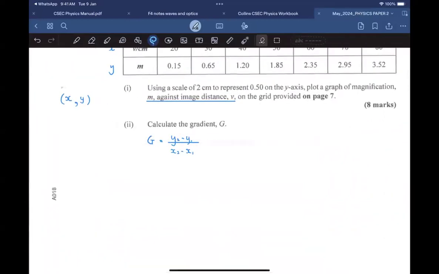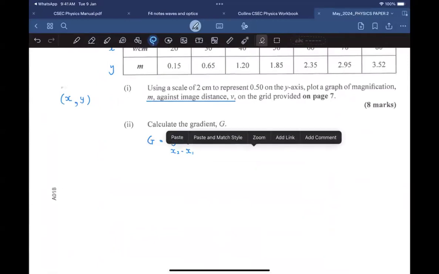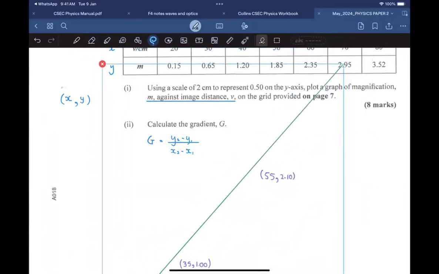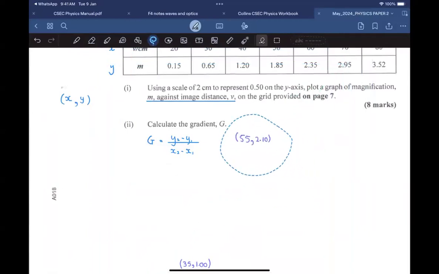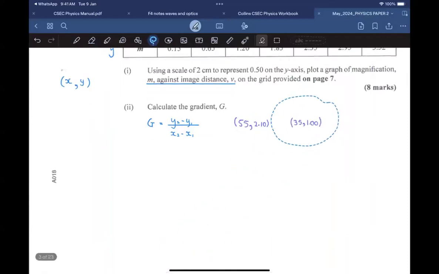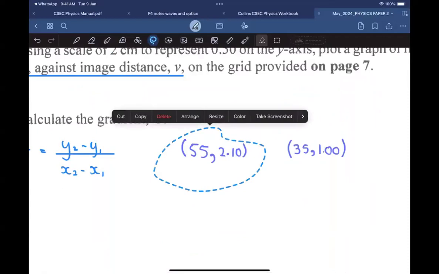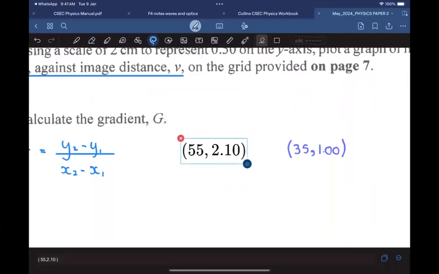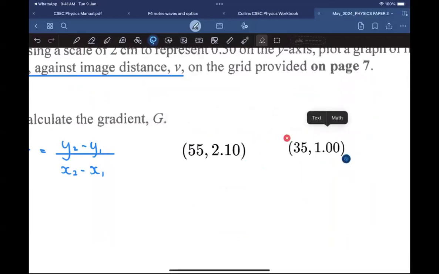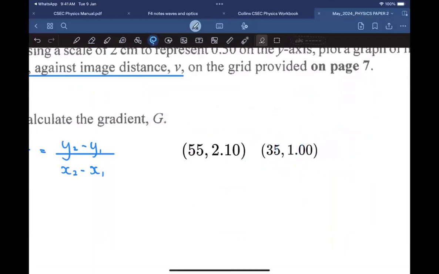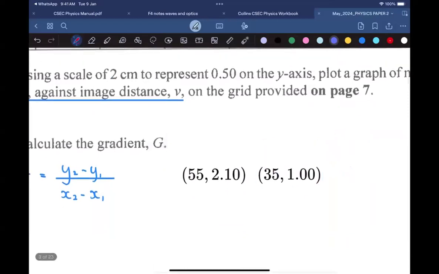So here it really doesn't matter which one is x1 y1 and which one is x2 y2. You could let any one be x2 y2 or x1 y1. Which one do you want to call x1 y1?